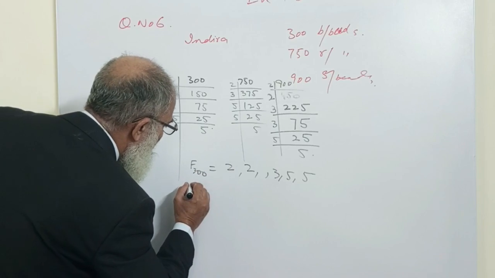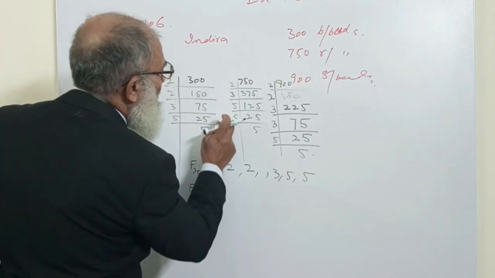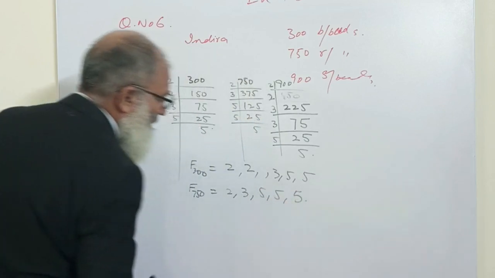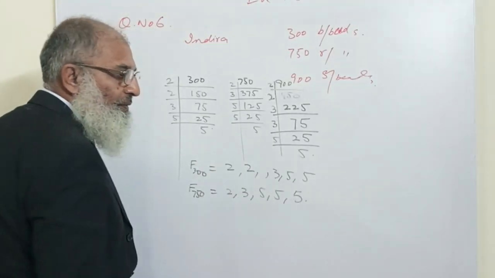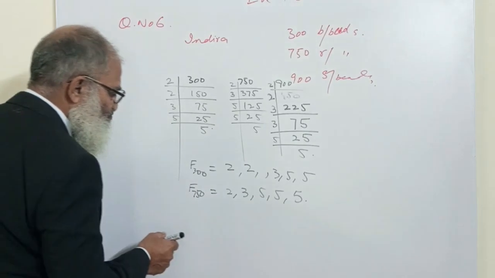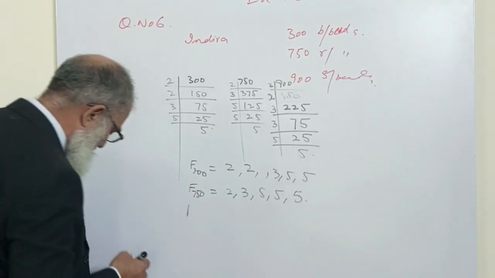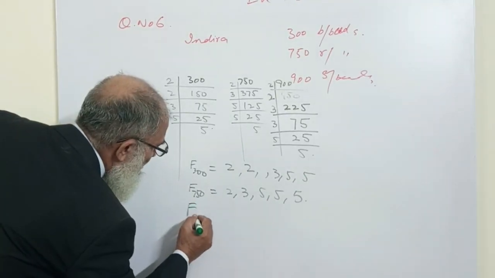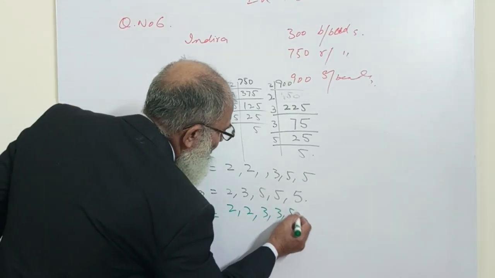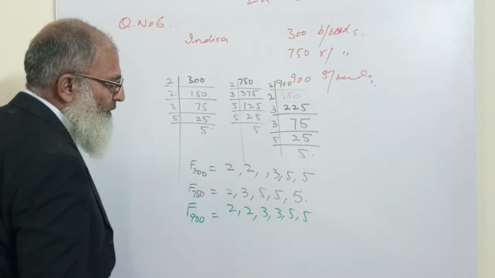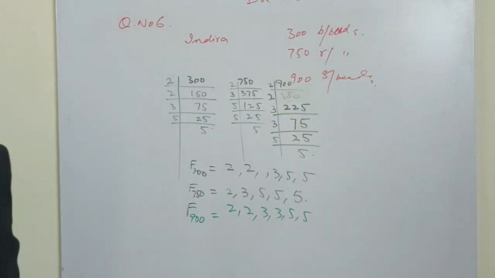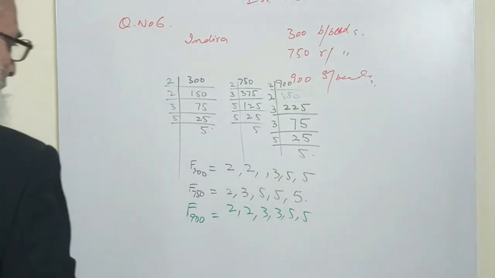Okay, it is also checked. 750: 1 2, 1 3, 3 5s. 2 times 3, 6, 6 times 5, 30, 30 times 5, 150, 150 times 5 is 750. 900: 2 times 2 times 3 times 3 times 5 times 5. 2 2s are 4, 4 3s are 12, 12 3s are 36, 36 5s are 180, and 180 times 5 is again 900. Okay, the question is completed.